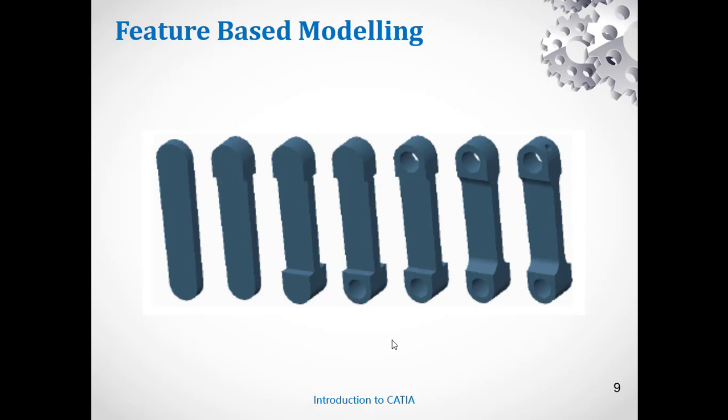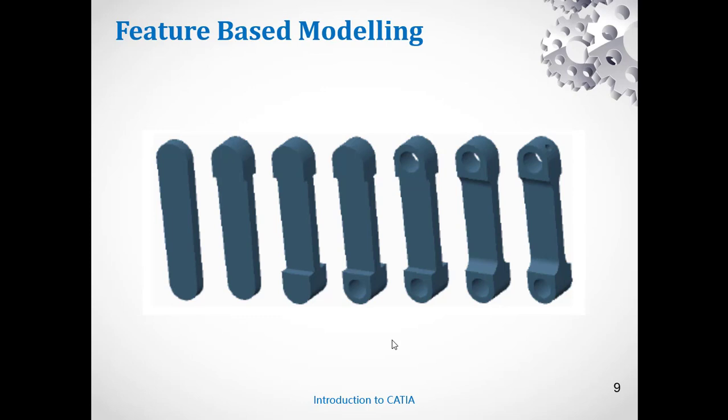As an example, whenever we go for any assembly, whether you create any assembly in real life or in your CAD tool, doesn't matter. What you do is you create the parts, or basically you are dividing your assembly into some parts.